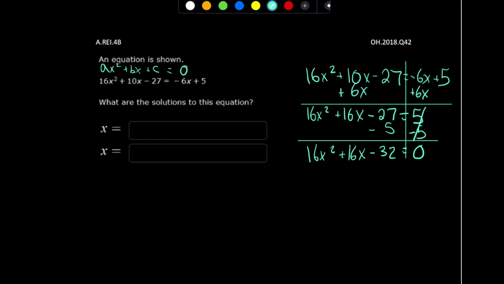Uh-oh. This is why you never do this on the fly. Always be prepared. My God, how big is this?